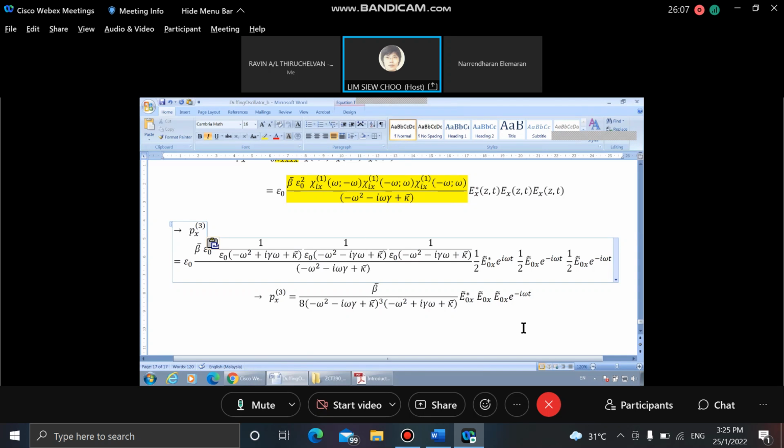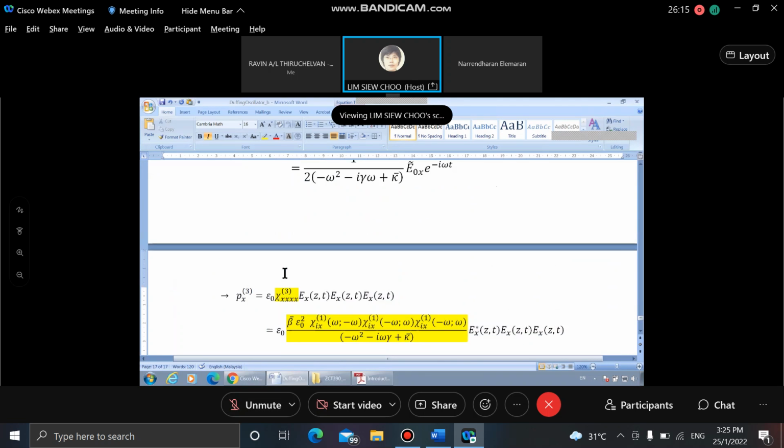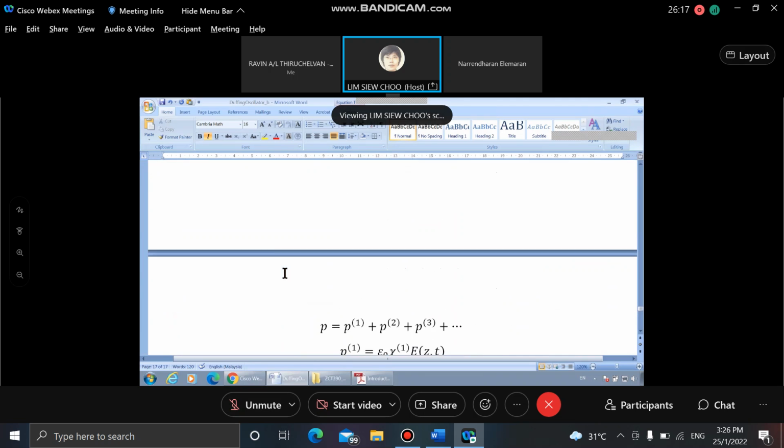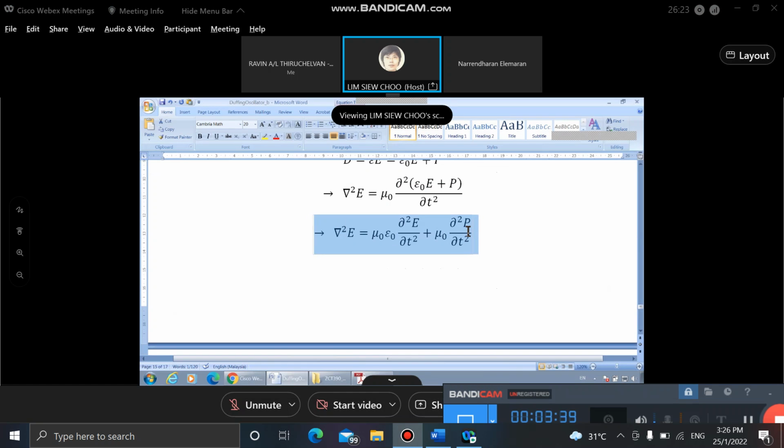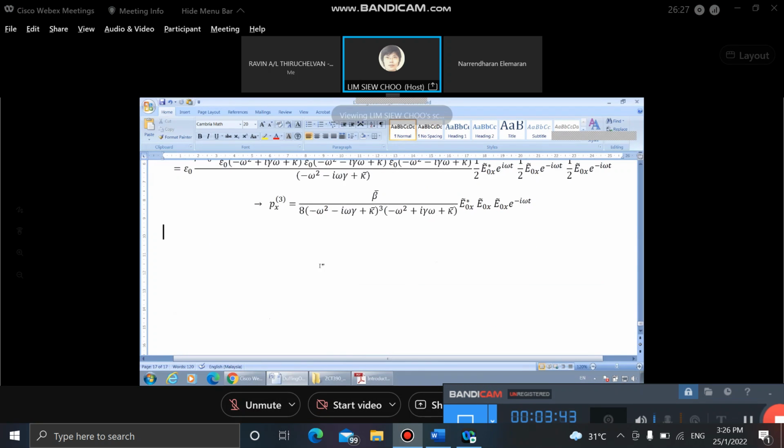Okay, so you know that our wave equation, let me see, this is our, just now we derived the wave equation. Okay, so that's why you know that once we have solved this, we can substitute this into this P equals to P1 plus P3. Okay, this P here, we can make it this.